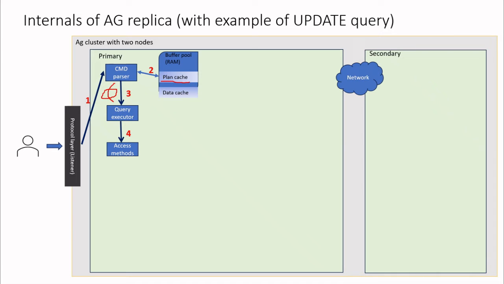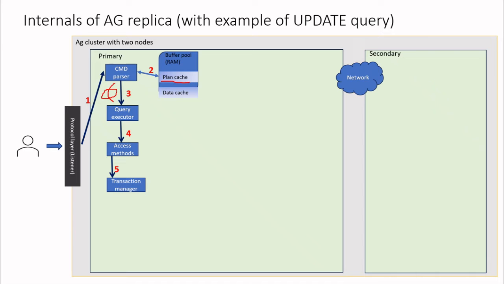SQL Server follows write-ahead logging and logs this data change in the transaction log first by connecting to the transaction manager. Okay, the transaction manager is responsible for any change in transaction logs. In other words, when a data change query, for example an update query, comes to access methods, it goes to the transaction manager.